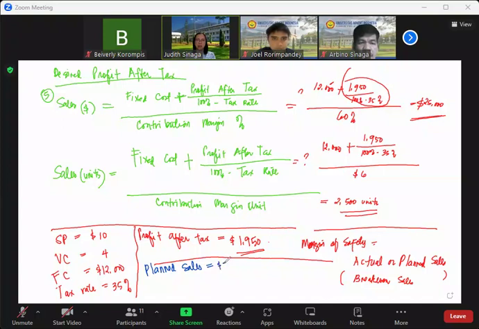Kita bikin 50.000. Gampang kan? Tadi break even kita sudah solve. Break even sales kita adalah 20. In other words, ada margin of safety kita ya 30.000. Artinya apa ya? Kira-kira.